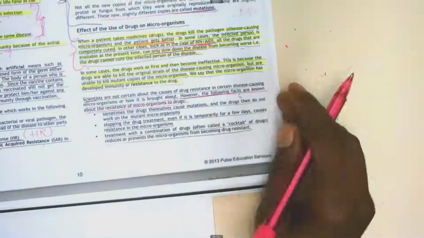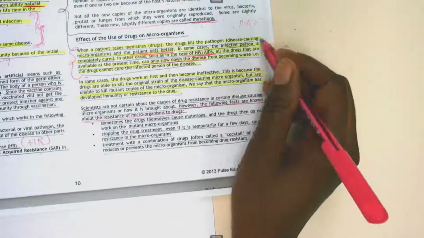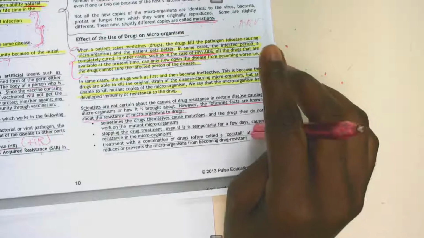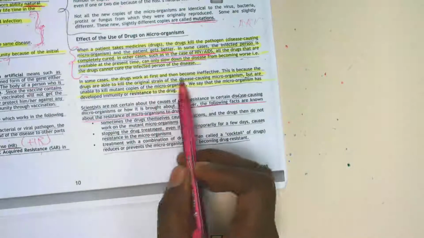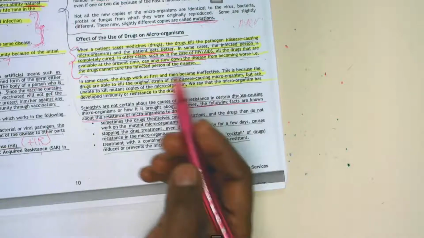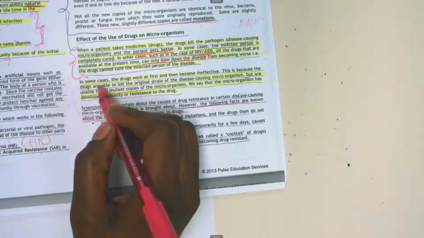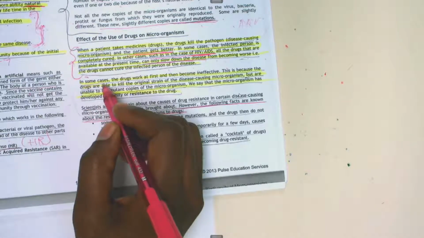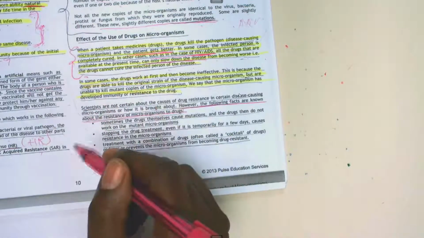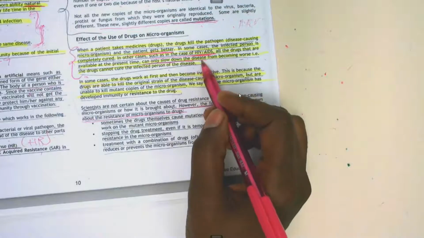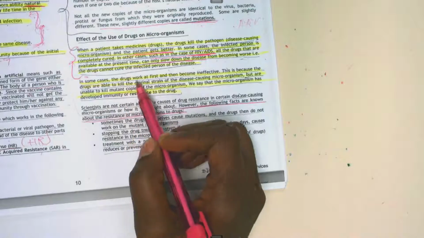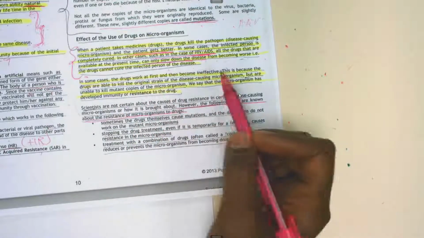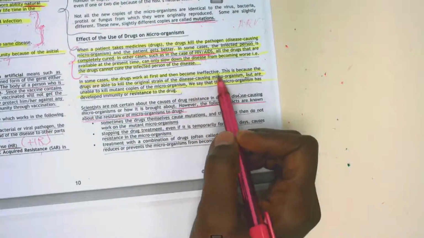So that is all that has been described in this extract. Another thing: in some cases the drugs work at first and then become ineffective. You will find that sometimes the drugs used to cure or slow down diseases caused by microbes start to work at first, and then they become ineffective.